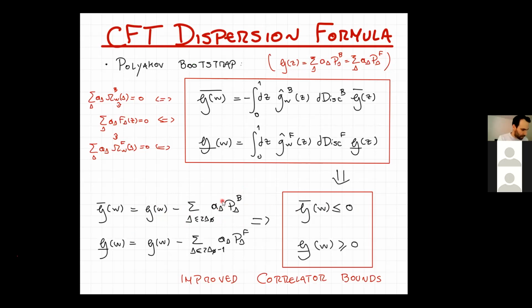So maybe I can write here. For instance, we could have GW minus P0. And now let us put a gap all the way to 2 delta phi. Then we learn that this is negative, if delta gap is larger than 2 delta phi.